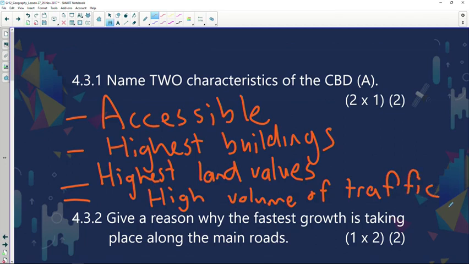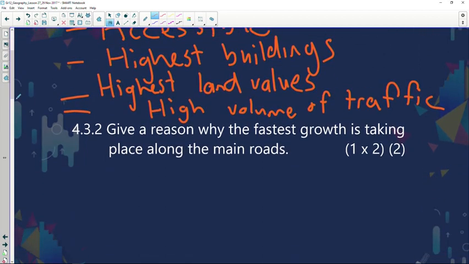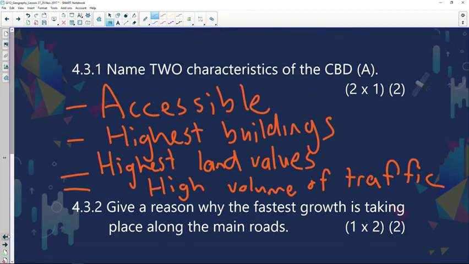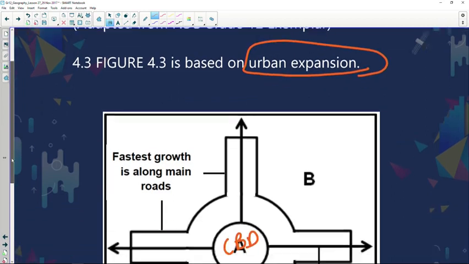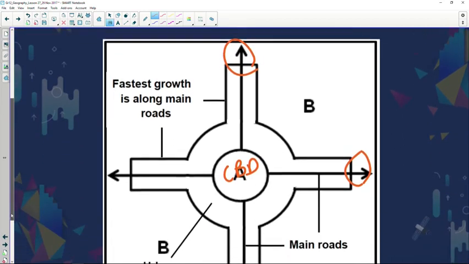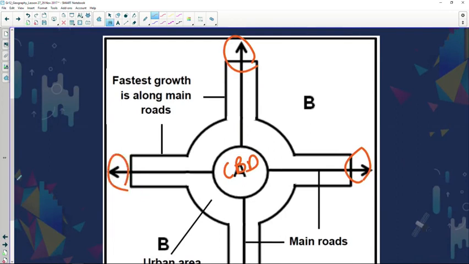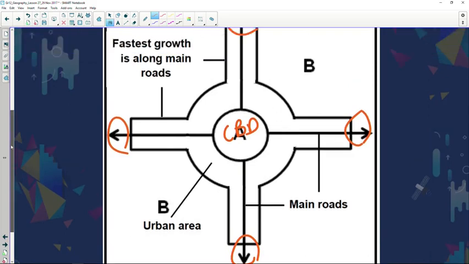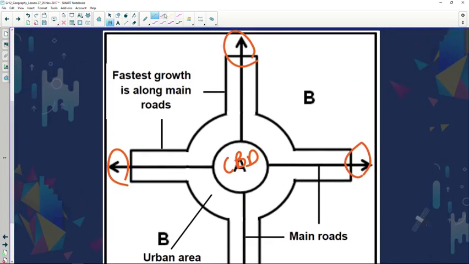Now if you look at our second question, 4.3.2, give a reason why the fastest growth is taking place along the main routes. Now if you quickly look at our main routes, there's 1, 2, 3, 4. And what they've mentioned over here, if you look at it, the fastest growth is taking place just on the outskirts of the CBD.